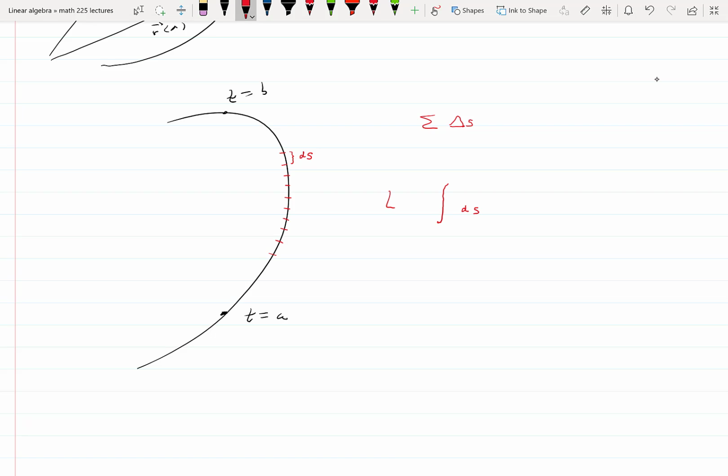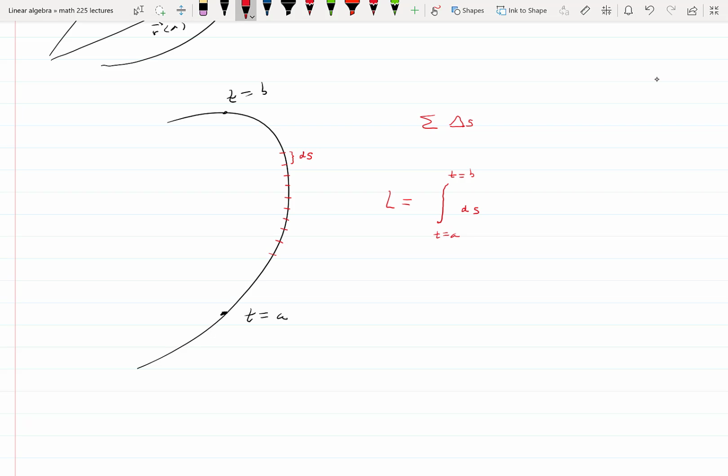So the total arc length will be the integral, or informally the sum of all the little ds's, as time ranges between a and b.